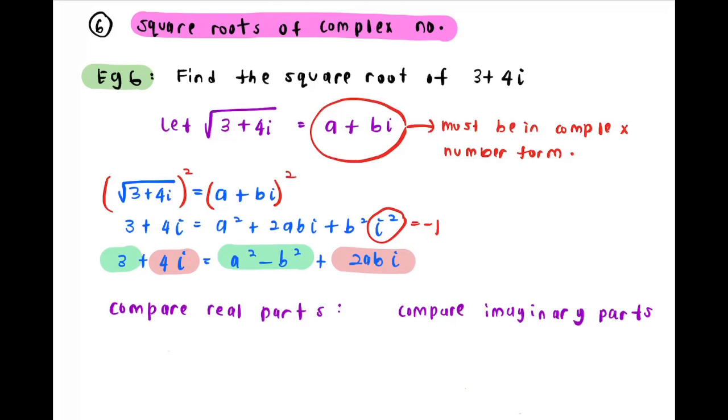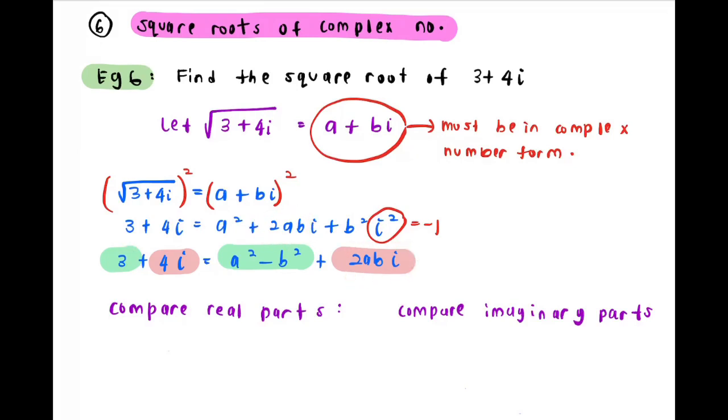So now let's equate the real part and the imaginary part. For the real part, a squared minus b squared, and then plus 2abi.